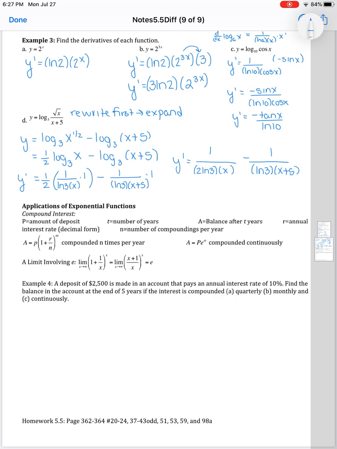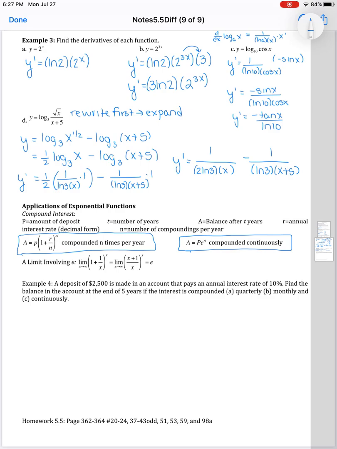So that derivative, when we just simplify it, we've got two fractions. We get 1 over 2 ln of 3 times x. Just put the parentheses so I know it's not 3x. And then we have 1 over ln of 3 times (x plus 5) for that one.